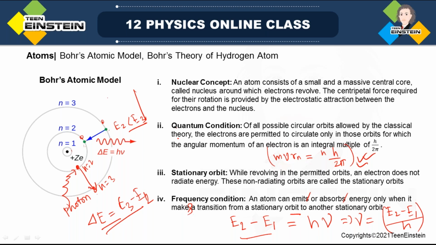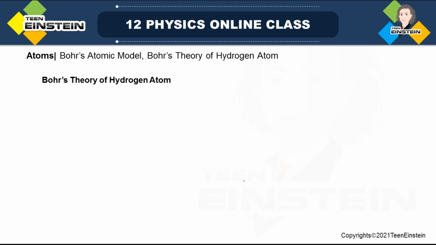Now we'll use Bohr's atomic model and try to understand the structure of the hydrogen atom. There are a few things which we are going to calculate here, applying Bohr's quantum condition.